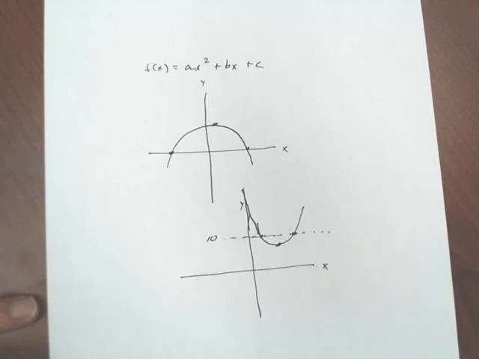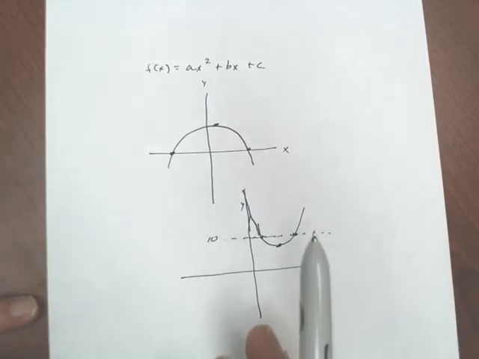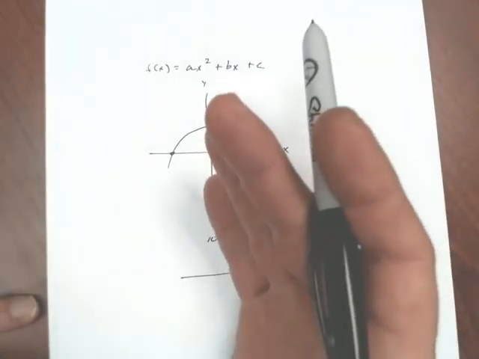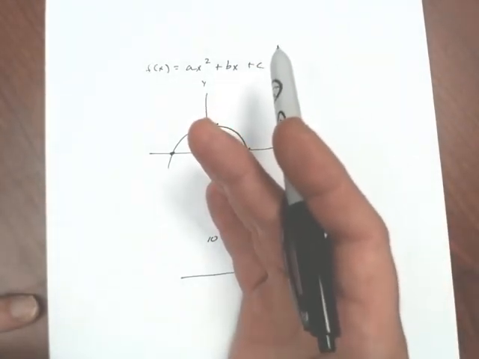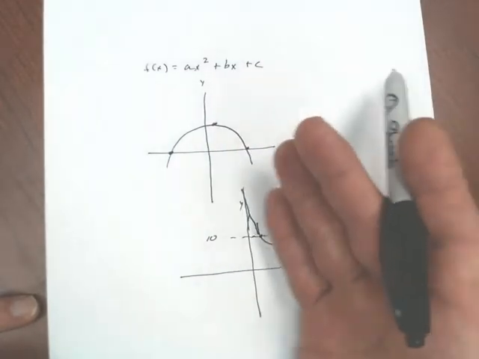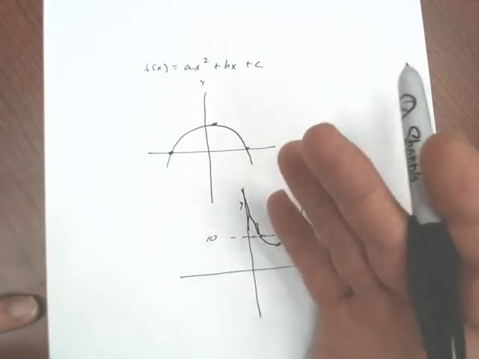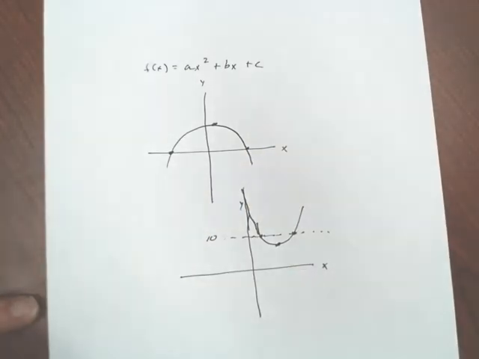We are also going to be able to tell what the shape of the quadratic function looks like before we even get to graphing it. And that makes our graphing capabilities far more efficient than they used to be.